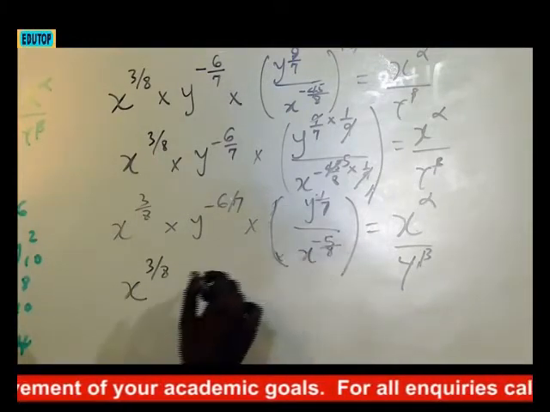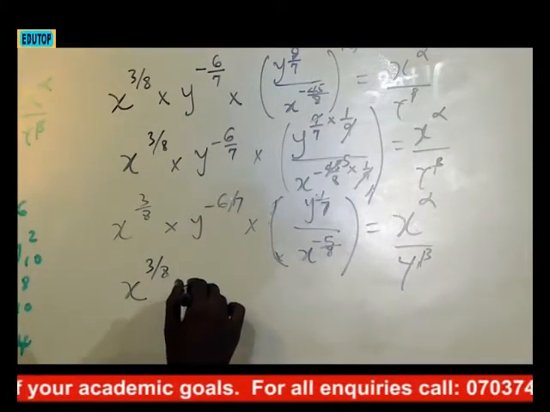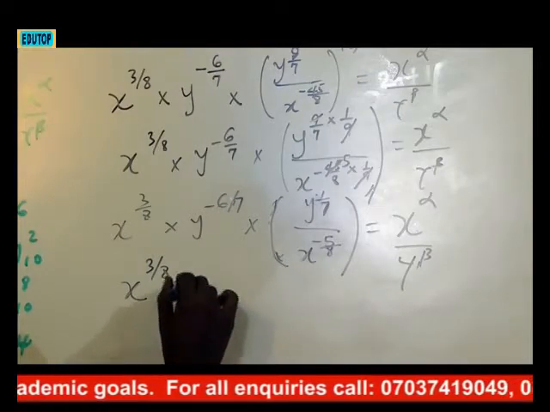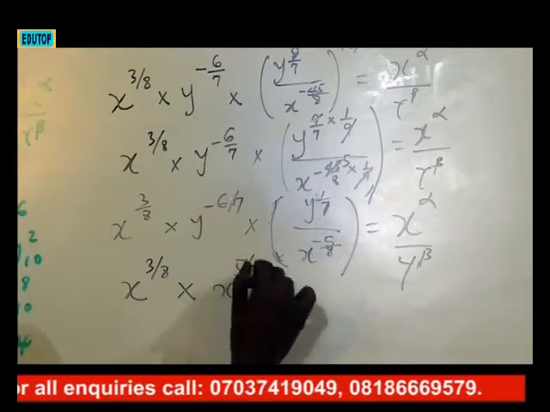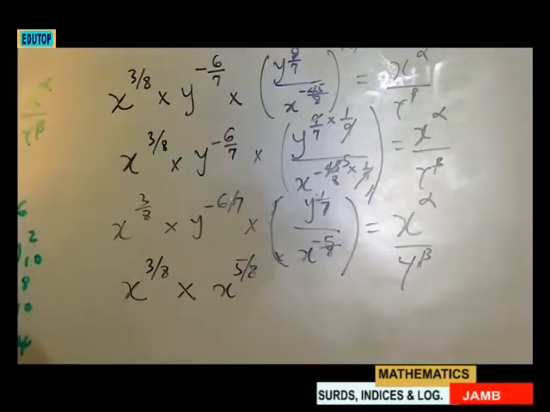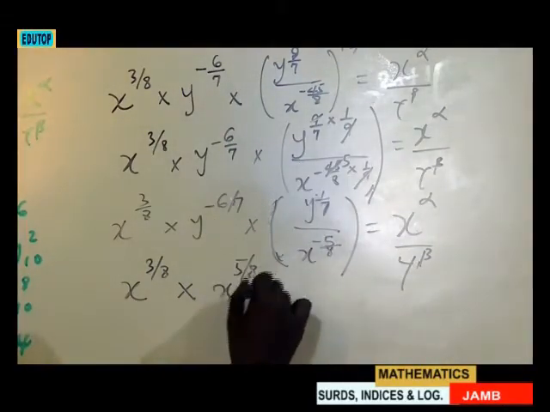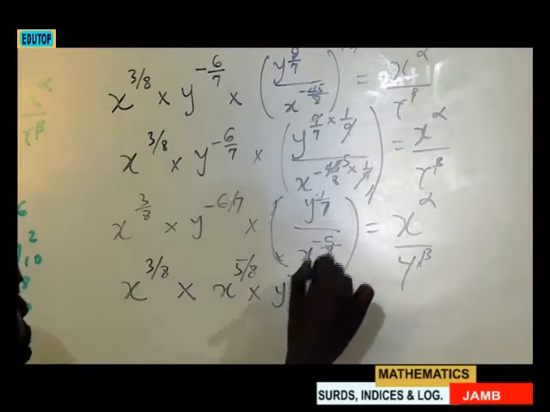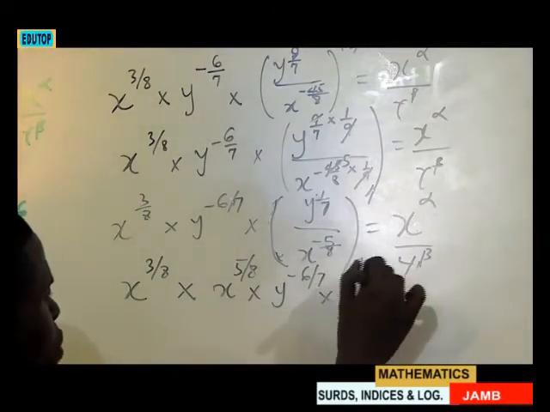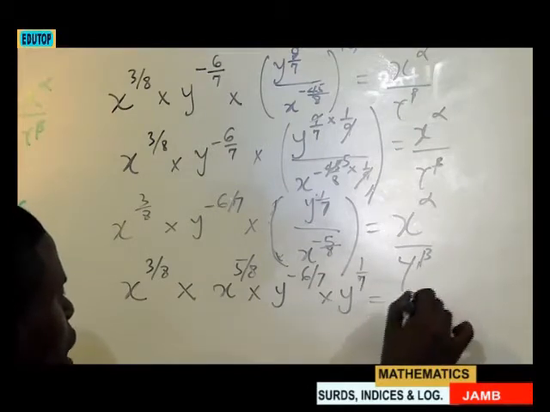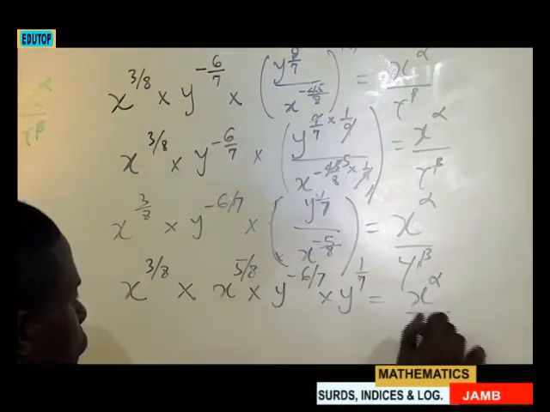Then if this one comes up, it becomes x raised to the power 5 over 8. This minus will disappear when it comes up. Then you have times y^(-6/7) times y^(1/7) equals x^alpha y^beta.